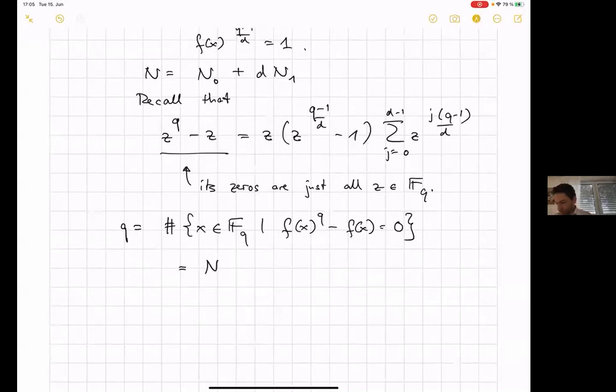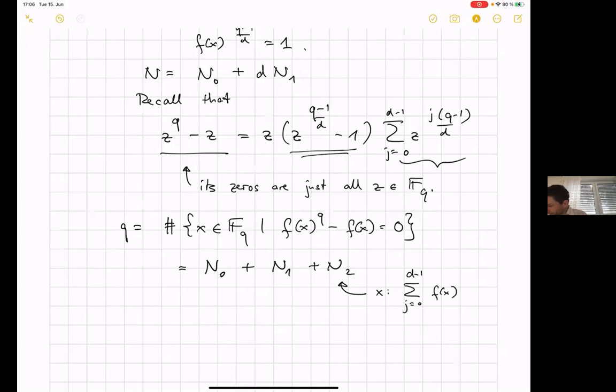This is what we call n0. Then f of x can be a dth power. This corresponds to this case. That would be n1. Or it can come from this term, and this is what we call n2. So this is the rest. So this is x such that the sum over j from 0 to d minus 1 of f of x to the power j (q minus 1) over d is 0.